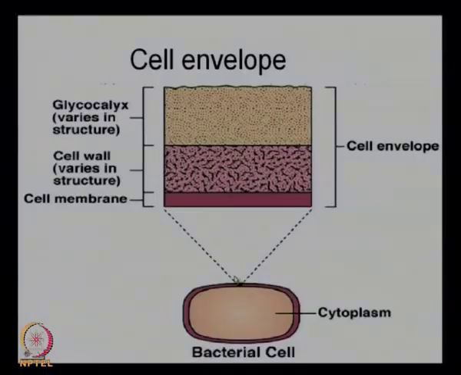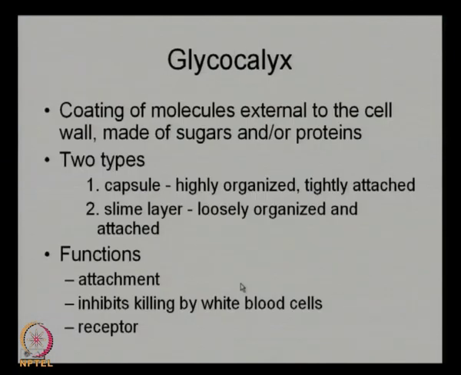Now, if we magnify this cell wall of this particular bacteria, we can find that the glycocalyx is the coating of molecules external to the cell wall, made up of sugars and proteins. We can get two types of glycocalyx.